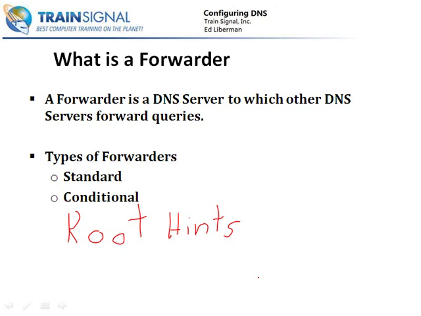Now, a conditional forwarder is where you have a namespace tied to the forwarder. So a DNS server can be programmed with, hey, if you don't know the answer, and the request was for a specific area of namespace, go ask this specific DNS server. Let's go ahead and take a look at how this works.